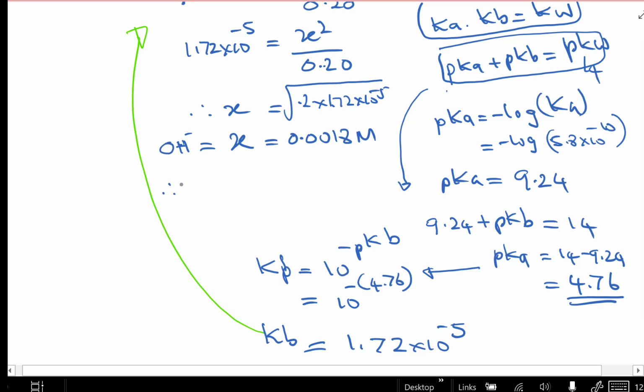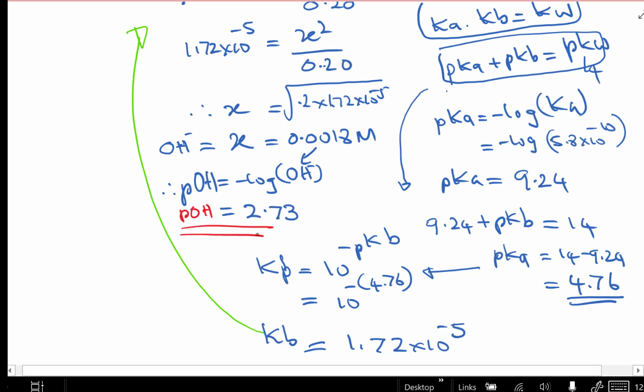But x is not H plus, it's OH minus. So we're going to look for the pOH, minus log of OH, plug in the OH, take the minus log, 2.73. That's the pOH.